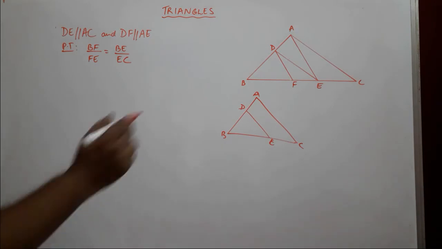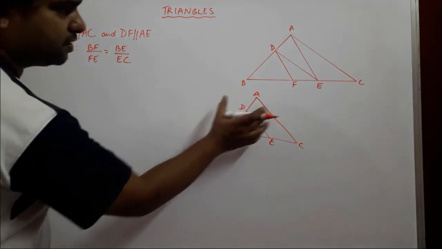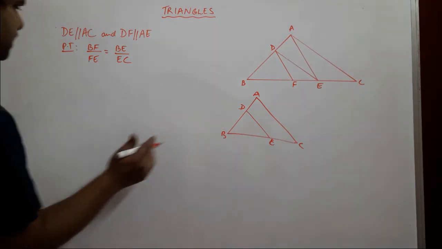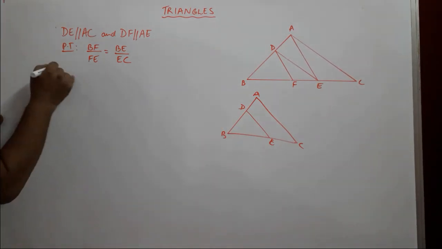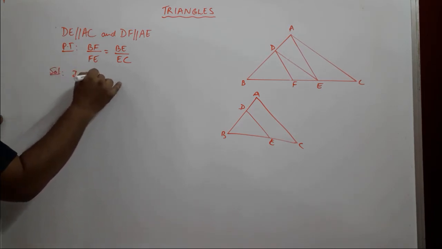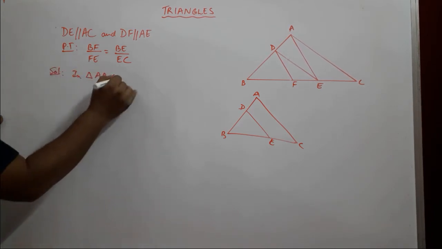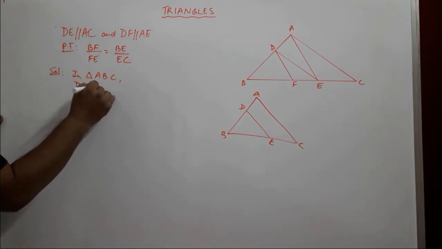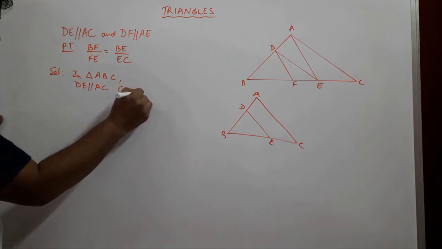AC. Now that I have got this, let us apply the basic proportionality theorem to this particular triangle. So we say that solution in triangle ABC, we have DE parallel to AC, which is given to us.